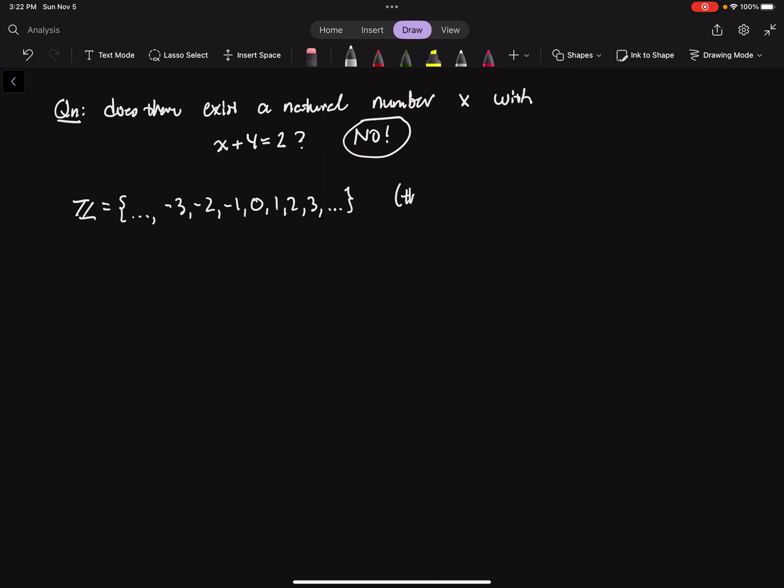And we call this set the integers. And we denote it with this bold-faced Z. Thank the Germans for that.